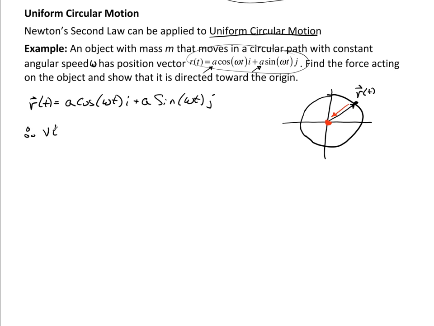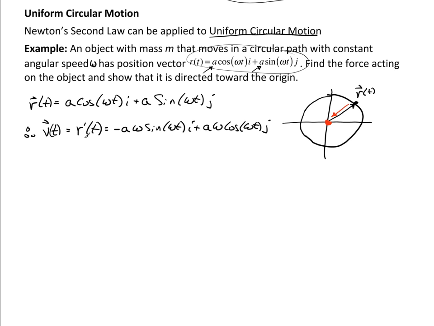Therefore, the velocity vector, v of t, is equal to r prime of t, which, if I simply take the derivative, I will get negative a omega sine omega t i plus a omega cosine omega t j.